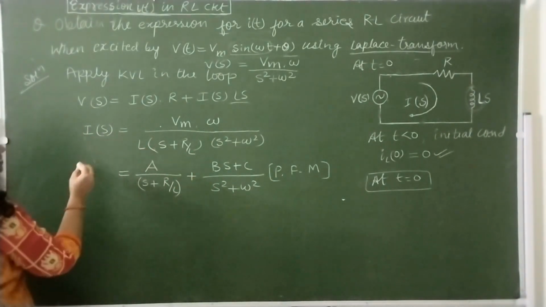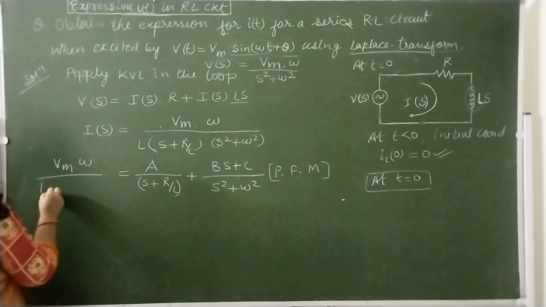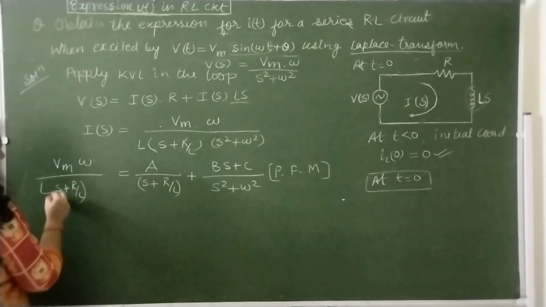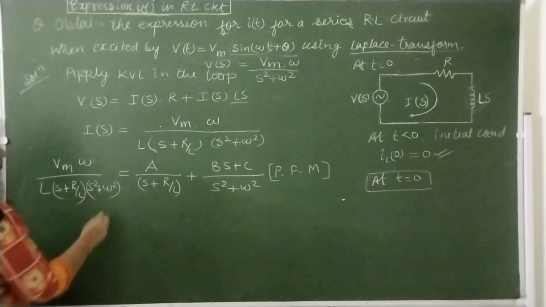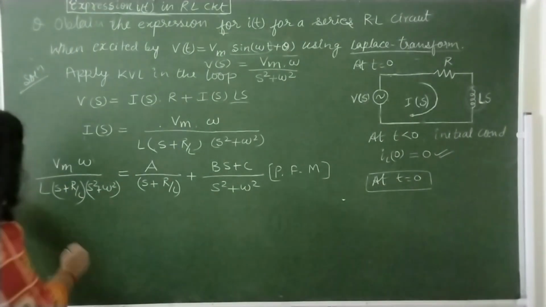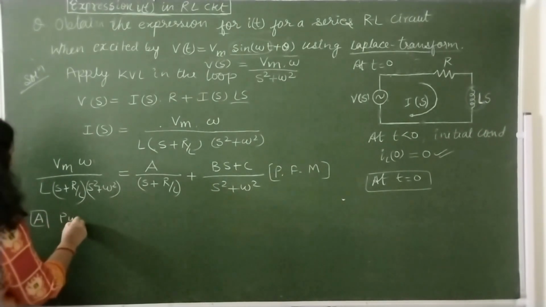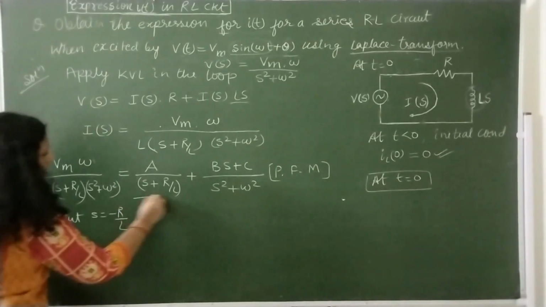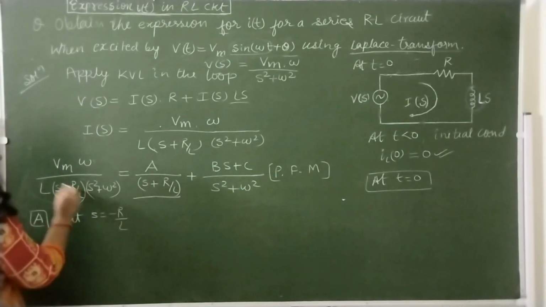So Is is nothing but Vm into omega divided by L, (s plus R by L), (s square plus omega square). Okay, so to find the value of A, put s is equals to minus R by L from here on the left hand side, leaving this term.